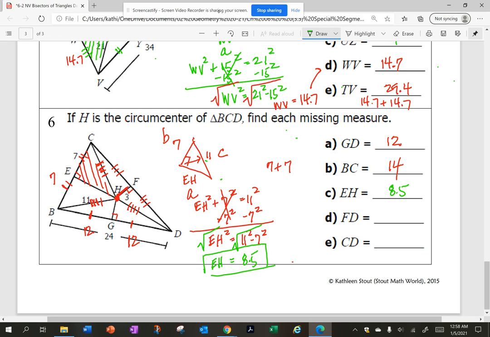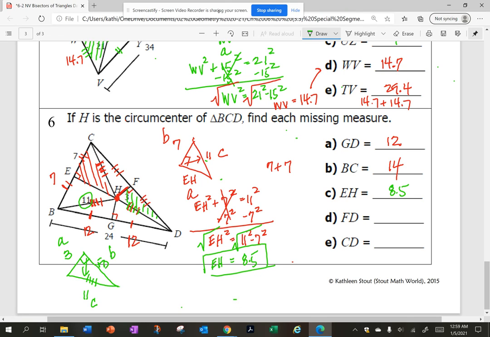F to D. So again, I would draw another triangle. So F to D, we're talking about this triangle here. So this side is 3. I know the hypotenuse here is 11. And F to D is here. So 11 is my hypotenuse, so these are my two legs.